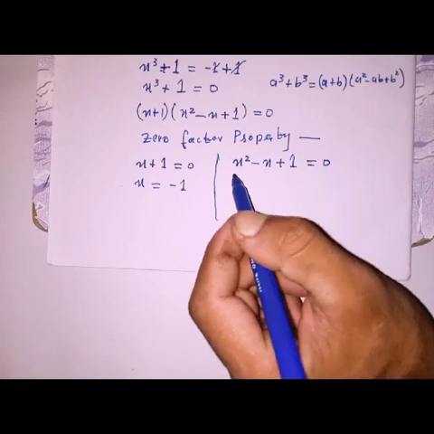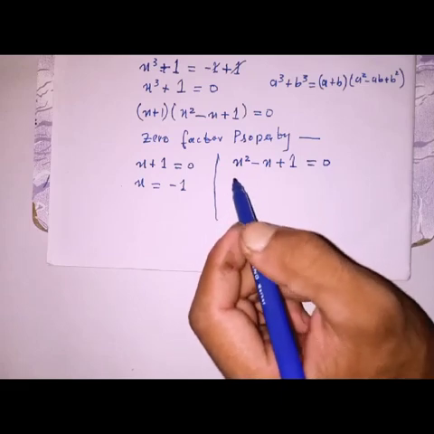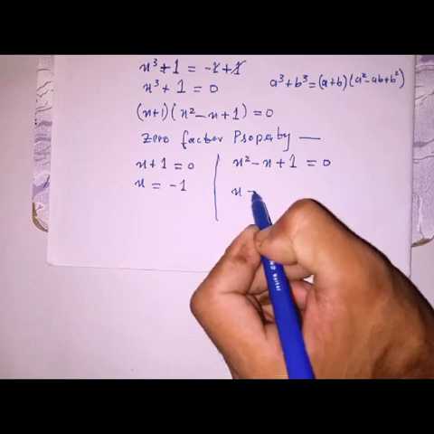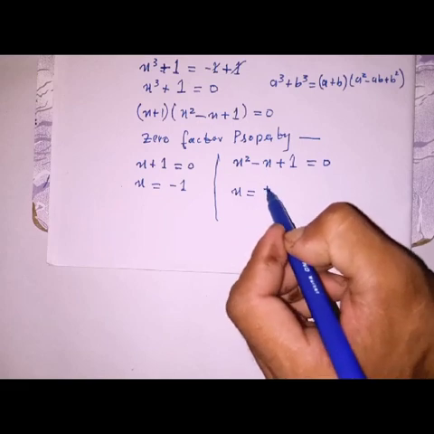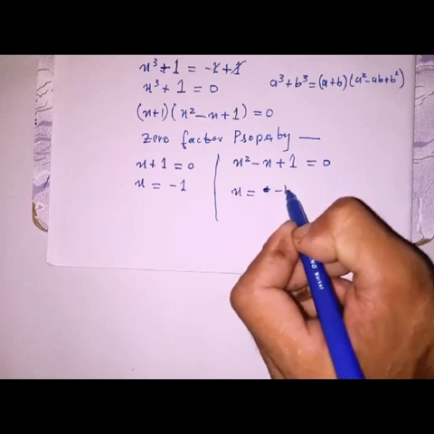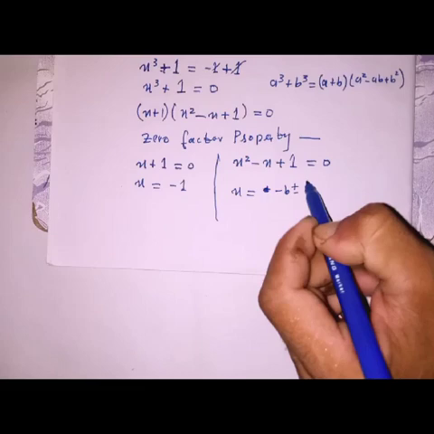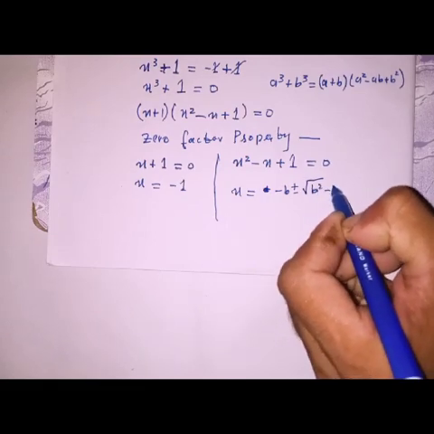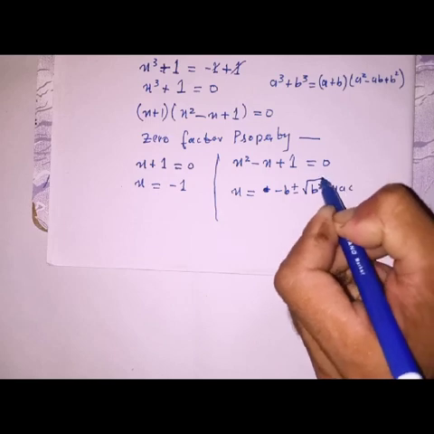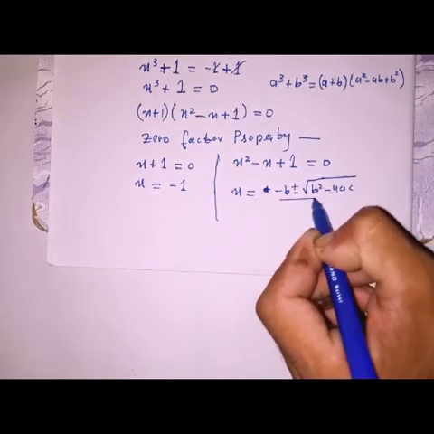So it's a quadratic equation, and we can solve this quadratic equation using the quadratic formula. We know that the quadratic formula is x is equal to minus b plus minus under the root b square minus 4ac divided by 2a.